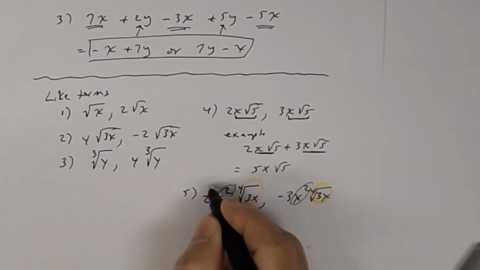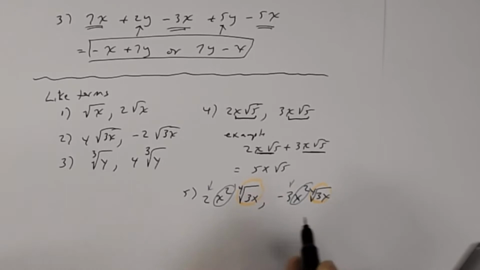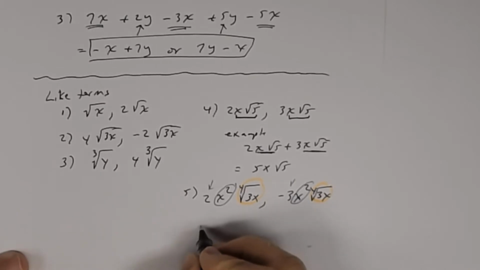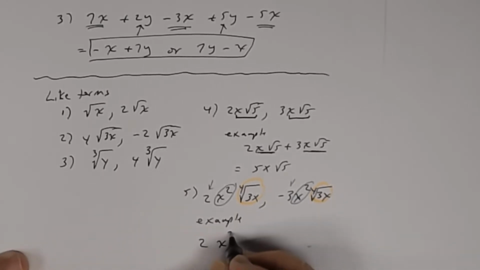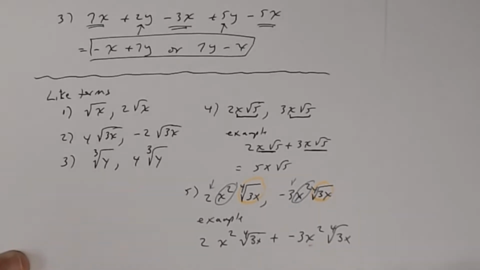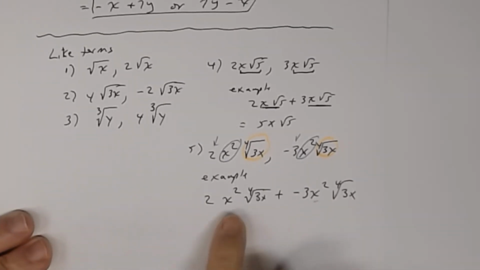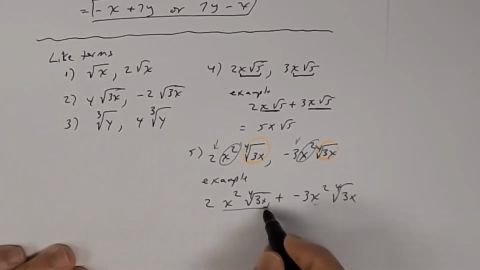All right. And then remember, you just consider this as 2 of these and a negative 3 of these. So if I were to add those up, in other words, listen carefully, if I were to say 2x squared fourth root of 3x plus a negative 3x squared fourth root of 3x, remember these would be what you'd be looking at.